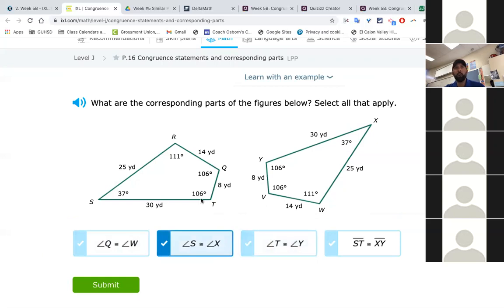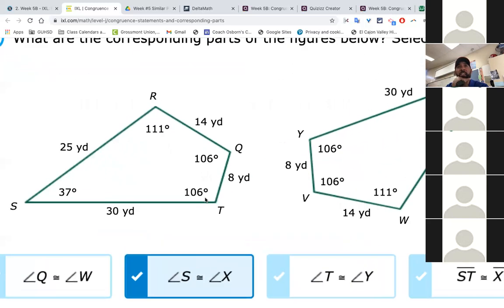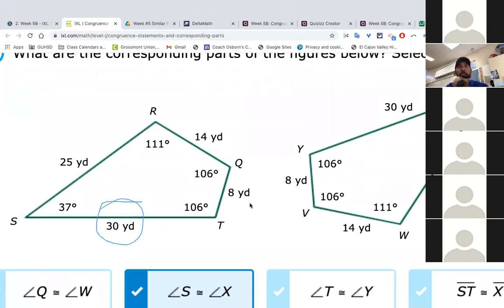Angle T and Y. Angle T, angle Y is 106, but here's where I've got to be careful, because if you notice, there are two angles with 106. So I've got to make sure it's the correct one. I'm going to start with T. Angle T is between 30 and 8 yards.